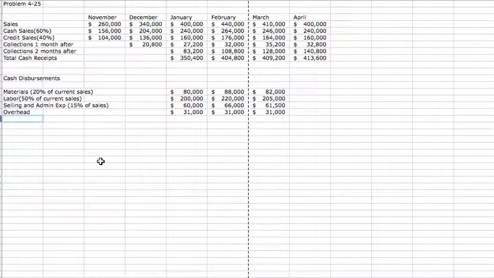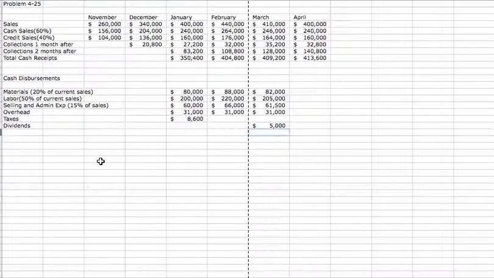Cash disbursement? No, it is not, so we're not going to include that. Taxes of $8,600 will be paid in January, so we have to consider that. $8,600 in taxes paid in January, and dividends of $5,000 will be paid in March. Cash at the beginning of January is $92,000 and the minimum desired cash balance is $87,000.